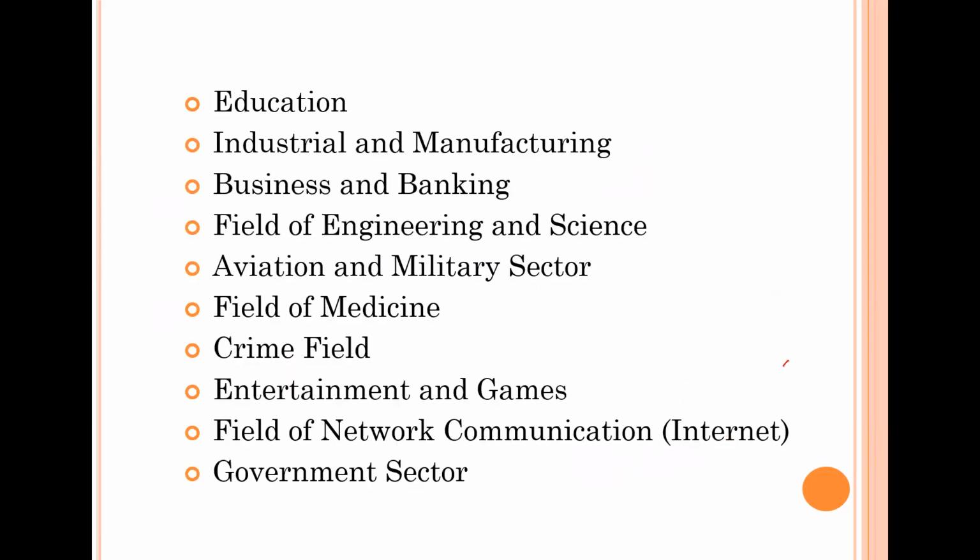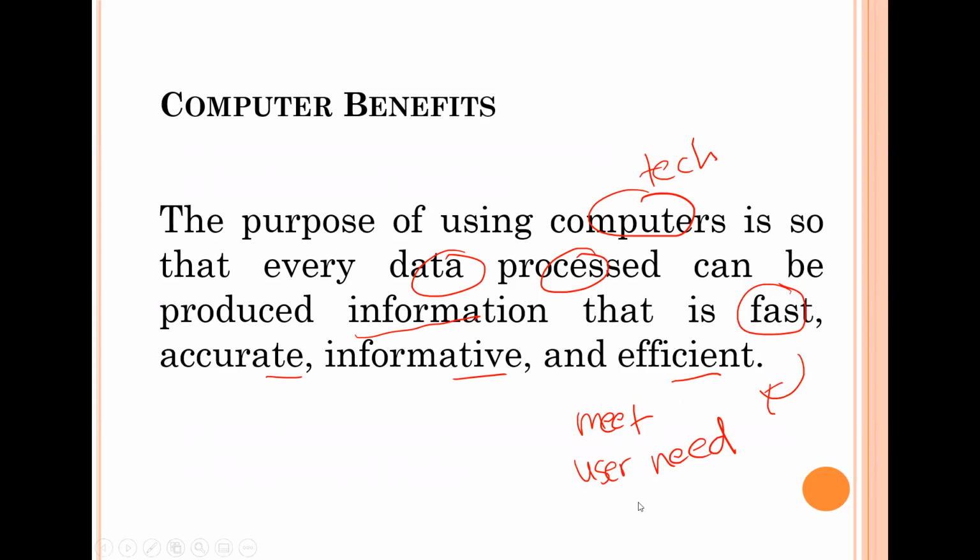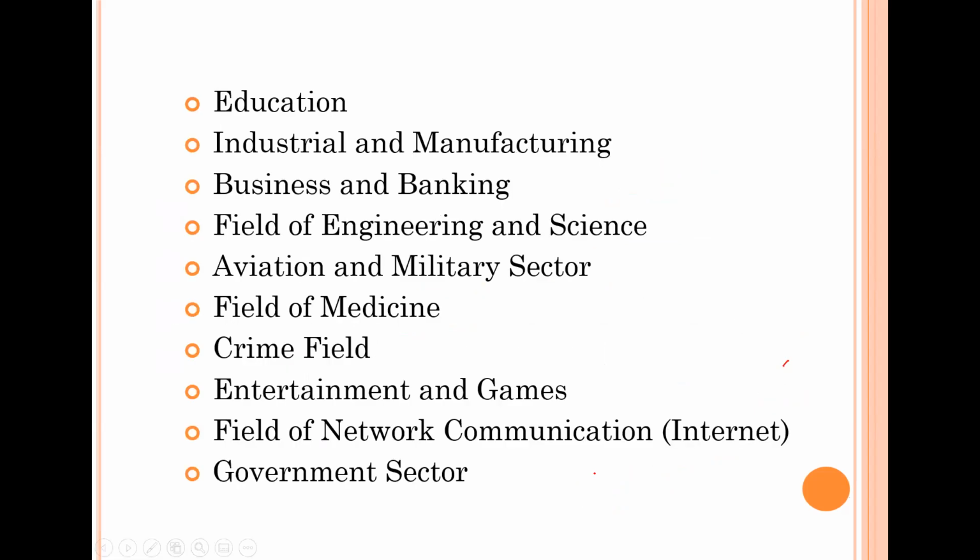Well, if we talk about the user need, we can see that the user here can be a lot of related entities. We can see that a lot of organizations are also going to get some benefit from it. For example, in the educational sector and then industrial and manufacturing, business or banking.